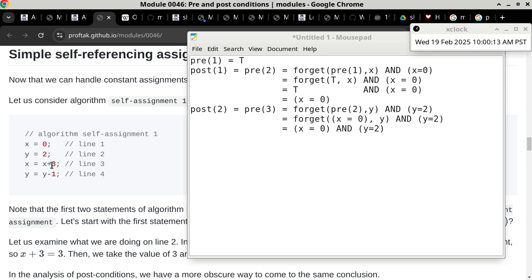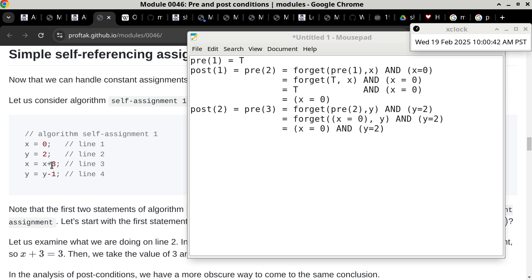I'll give you a scenario. Let's just think of a scenario. So let's say post 3 is, for whatever reason, something that only has to do with line 3, but not the lines before.